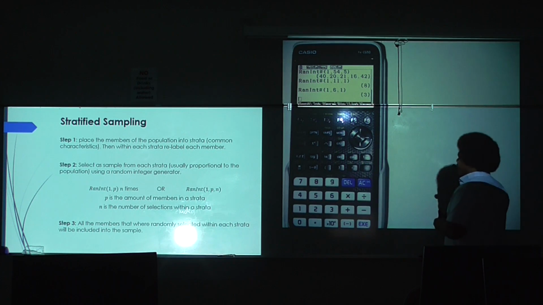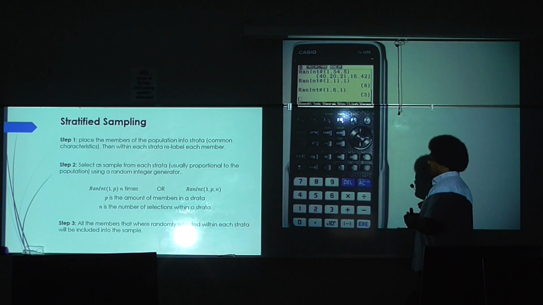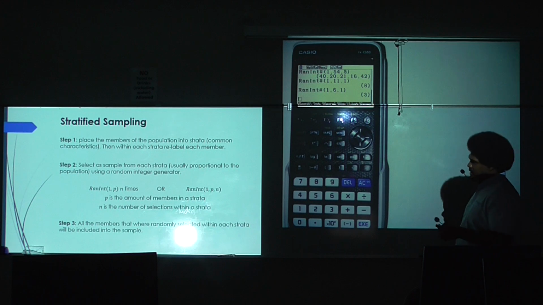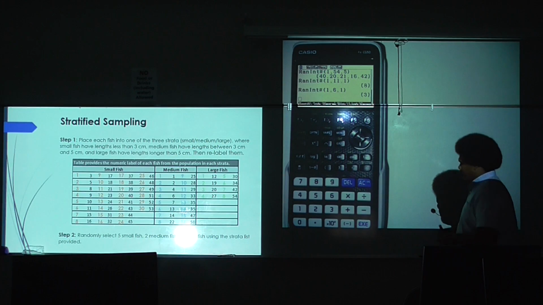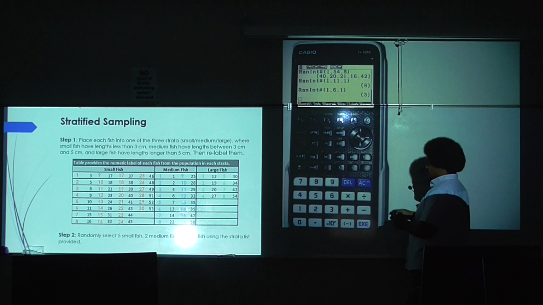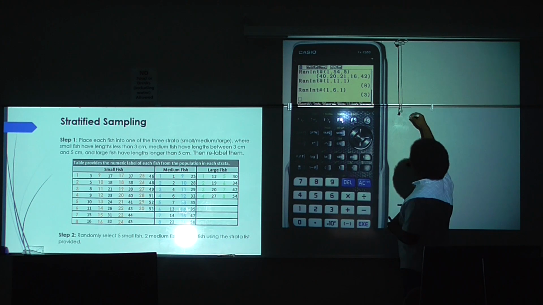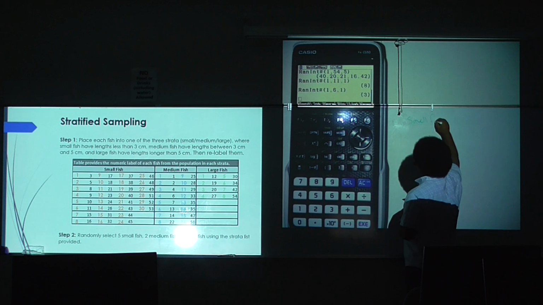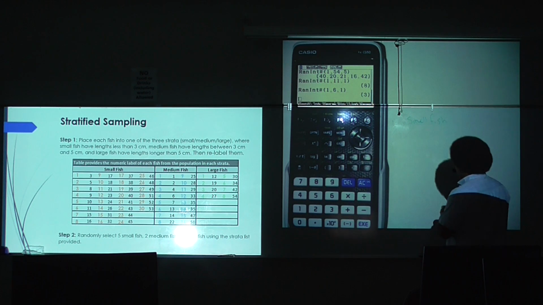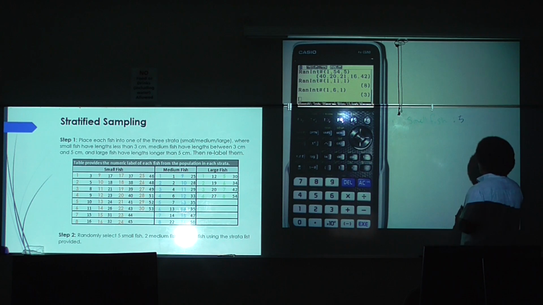So, once again, we already said, oh, why did I go back? Okay, here we are. We already said that for the small sample, or for a small fish, we want 5. We're going to set 5.